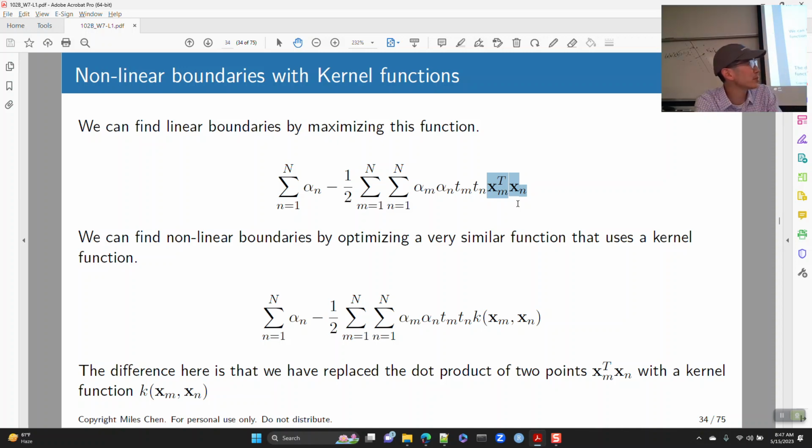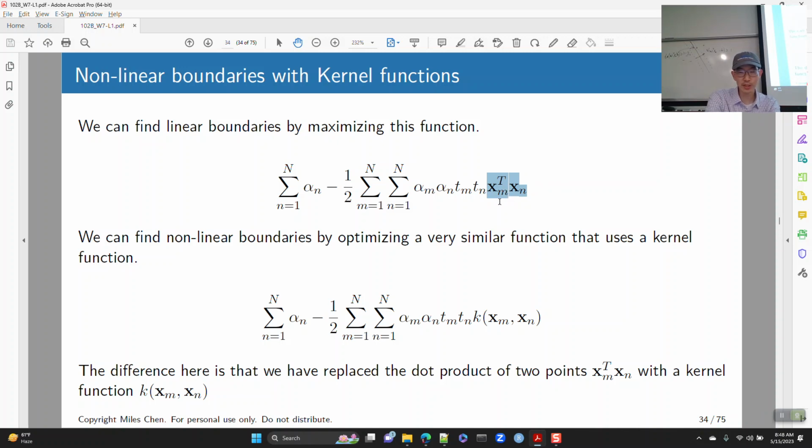There is something called a kernel function that will transform our x values into a higher dimensional space. We'll get into this on Friday, but basically this allows us to have a non-linear boundary.